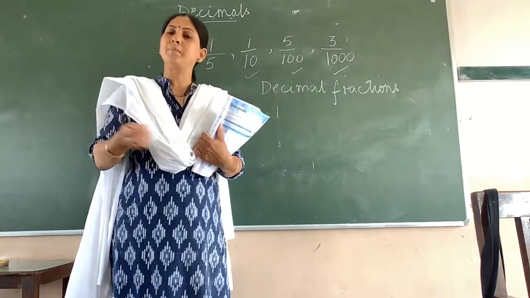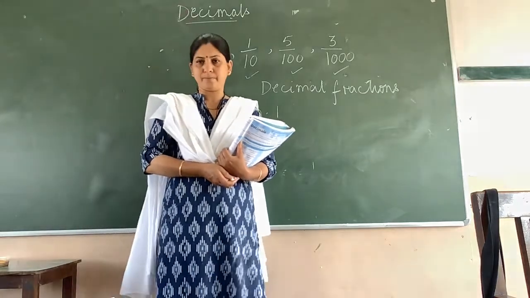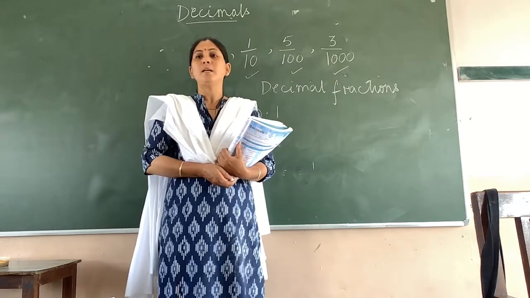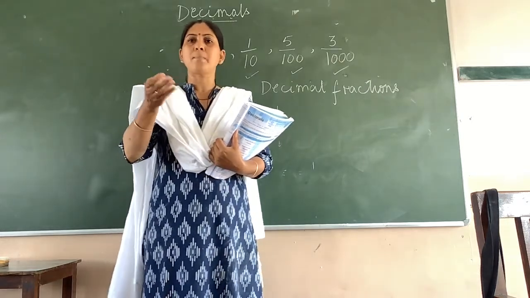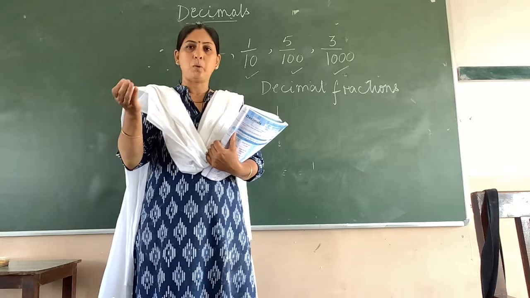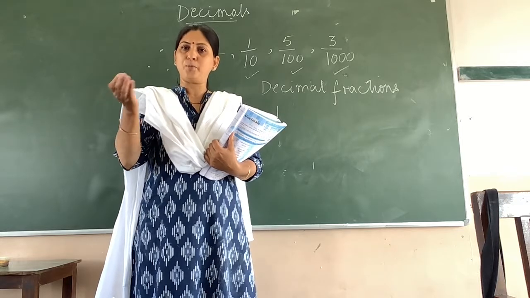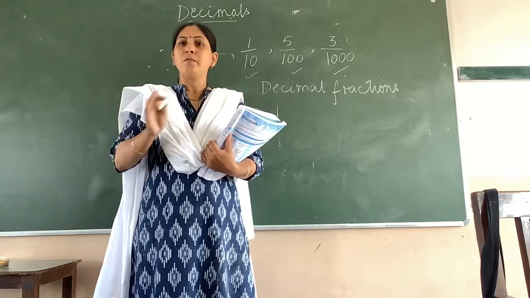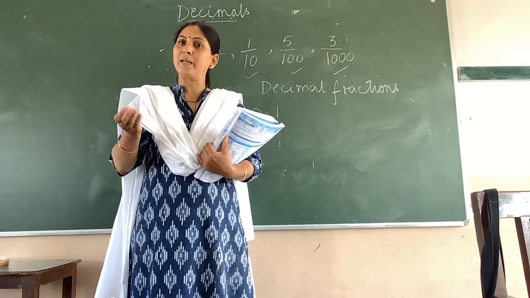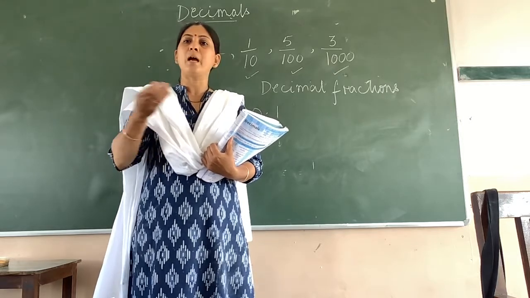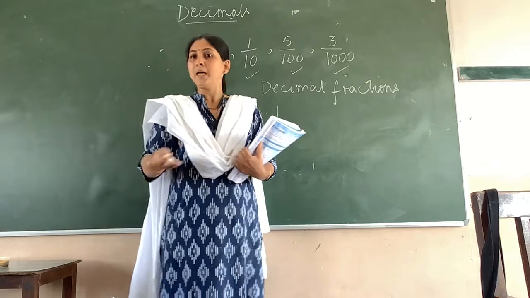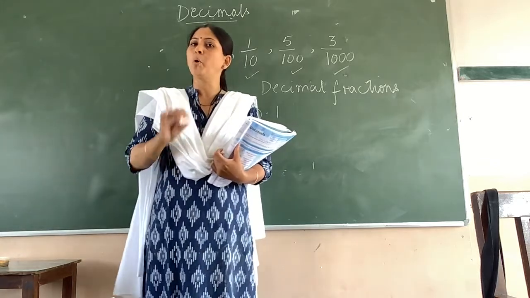Now we use decimals in our everyday life, children, isn't it? Suppose we talk about money, length of any object, or our weight. When we are weighing ourselves on the weighing machine, it is not that we will get our weight in a whole number.